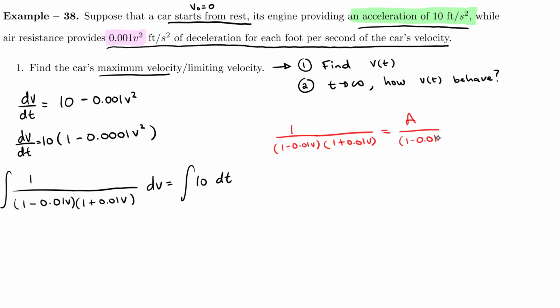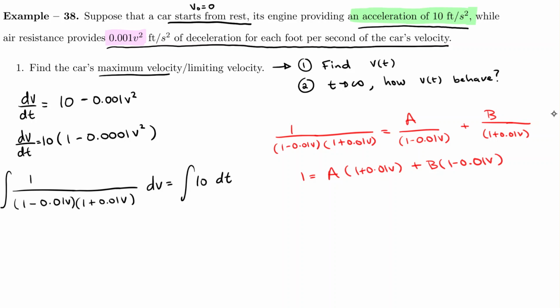Multiply both sides by the denominator from the left. That will clear it completely from the left, and then it will clear partially from the right, and we'll be left with a times 1 plus 0.01v, b times 1 minus that, so 1 equals... Now we need to carefully choose v values that will isolate a and b separately.